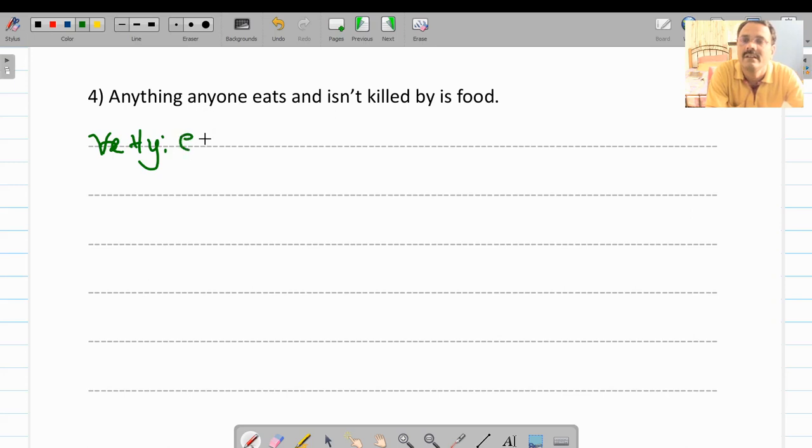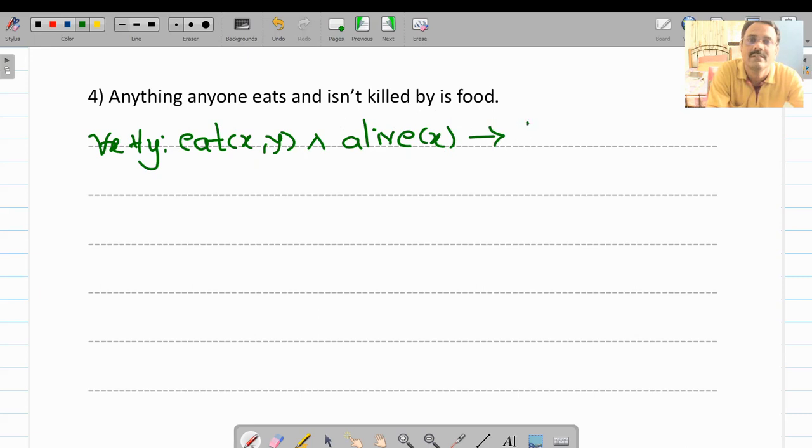It will define if x eats y and if x is alive, not killed means alive, that implies y is food. Anything anyone eats. If x eats y, for all x, for all y, and if x is alive, that implies y is food. So let us convert this predicate logic representation into clause form.